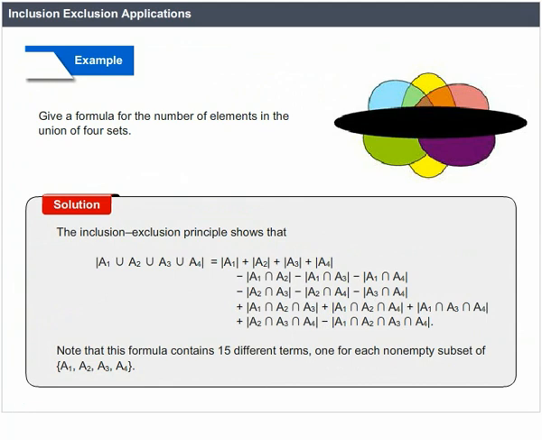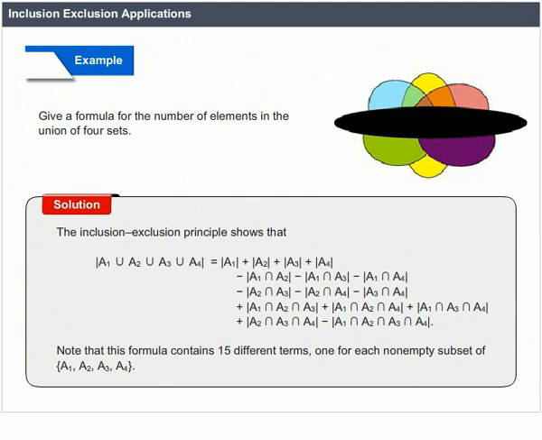Inclusion-exclusion principle shows that |A1 ∪ A2 ∪ A3 ∪ A4| = |A1| + |A2| + |A3| + |A4| − |A1 ∩ A2| − |A1 ∩ A3| − |A1 ∩ A4| − |A2 ∩ A3| − |A2 ∩ A4| − |A3 ∩ A4| + |A1 ∩ A2 ∩ A3| + |A1 ∩ A2 ∩ A4| + |A1 ∩ A3 ∩ A4| + |A2 ∩ A3 ∩ A4| − |A1 ∩ A2 ∩ A3 ∩ A4|.